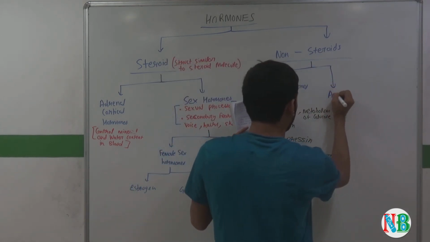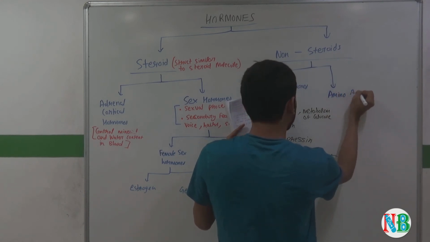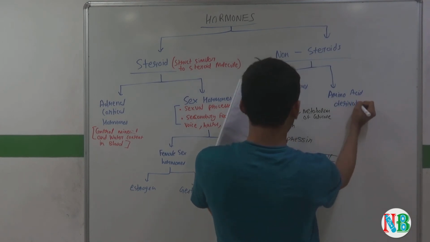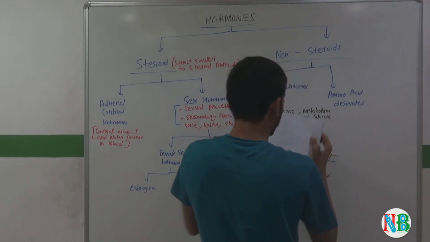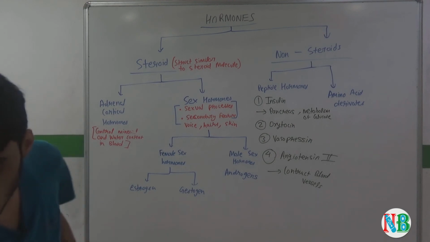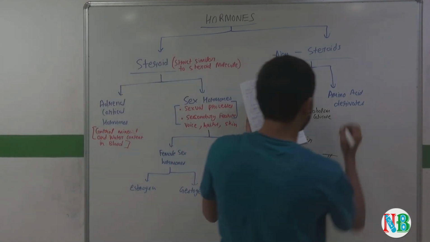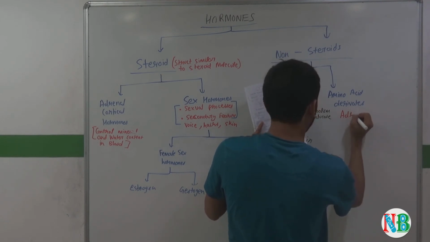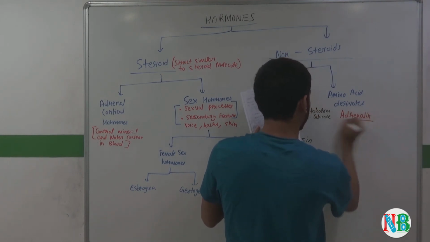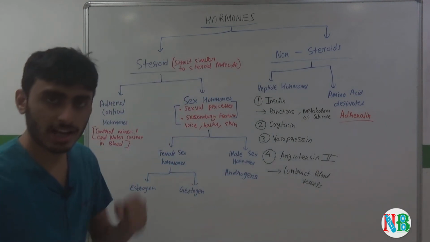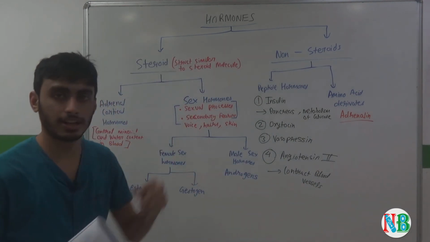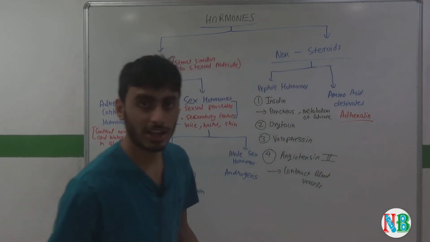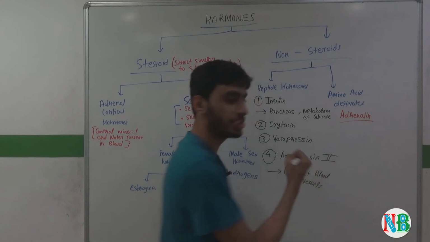One more is amino acid derivatives. Under the amino acids, the most important one is adrenaline. You have heard about it? When you run or jog for half an hour, you feel some kind of energy in you.